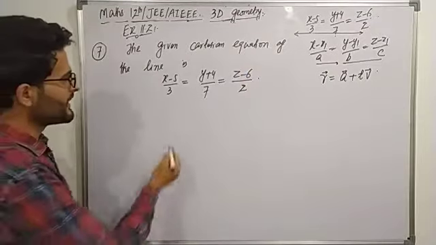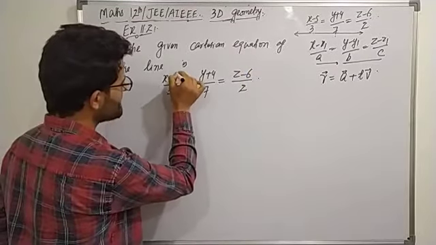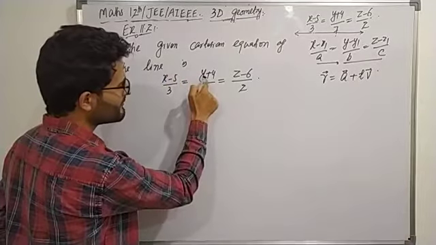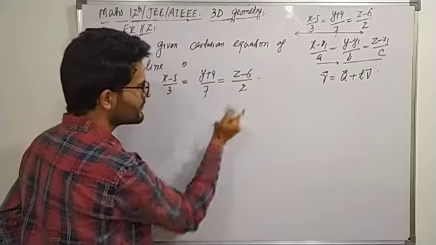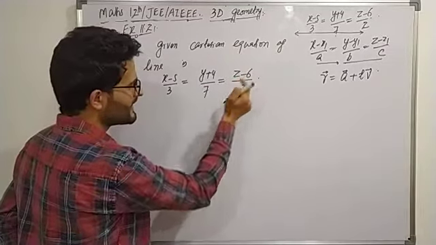So this line passes through the point, because x minus x1 is 5, y minus y1 so minus 4, and z minus z1, that is 6.